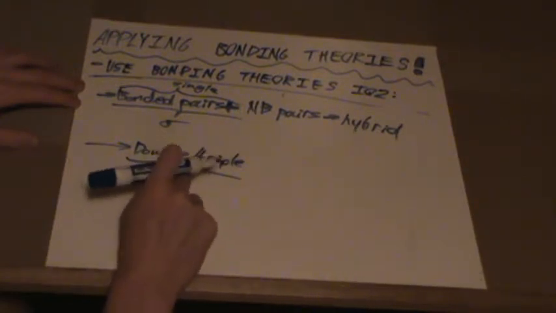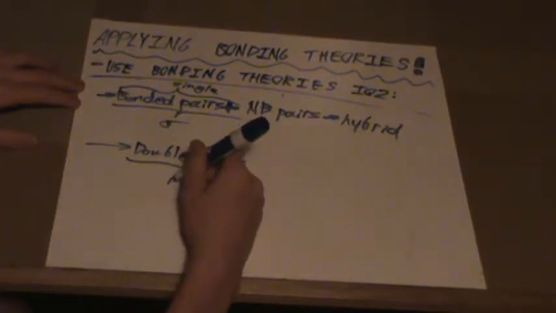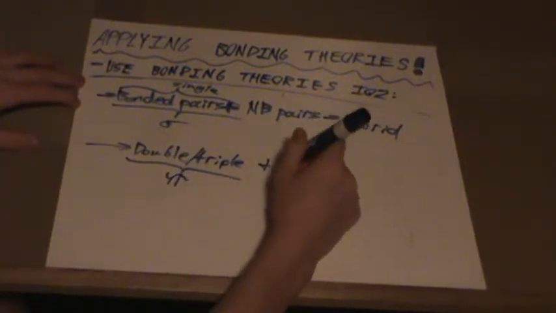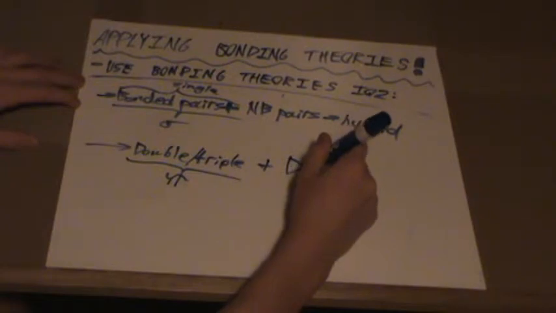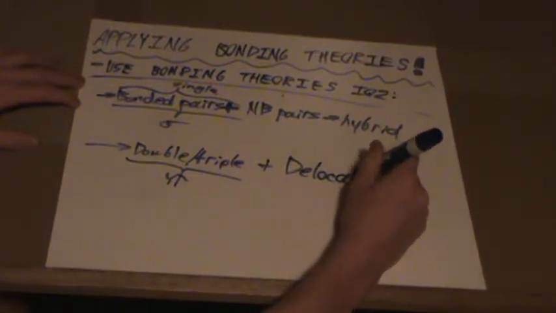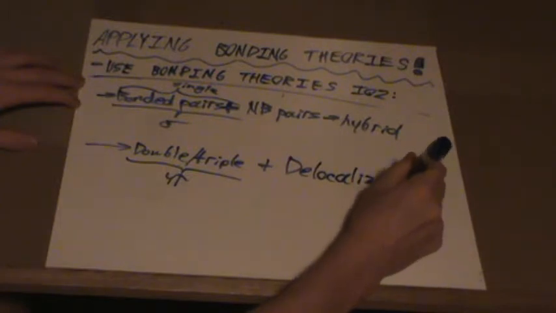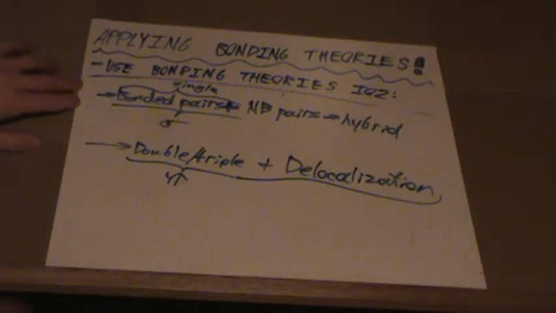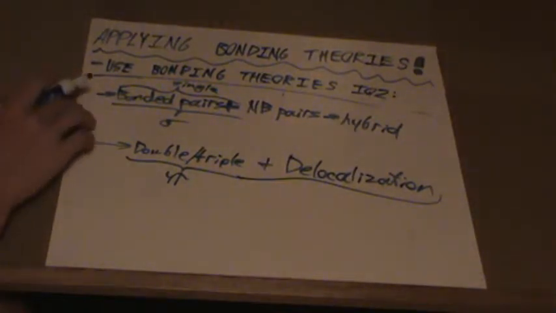Shoot, not sigma, pi. And then as well, we've added to the pi bonds, or the pi electrons, what we are calling the delocalization. Also part of this idea of atomic orbitals blending, the sideways-on blending of atomic orbitals.